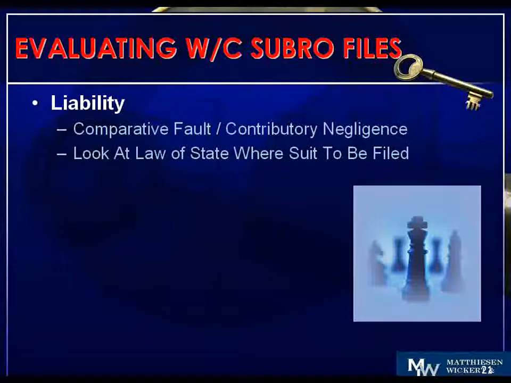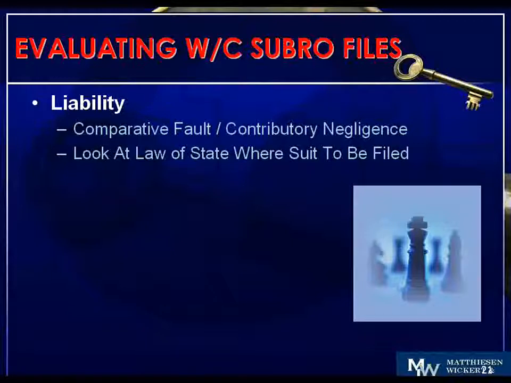So, when you're evaluating workers' compensation subrogation files, now we're still on question 3, but I'm going to insert this here because it's important, because we all have to make these decisions. You have to evaluate workers' compensation subrogation and make a decision on how it's going to be handled, understanding that it's an investment, it's a chess game, but you can't spend yourself into successful subrogation recovery.